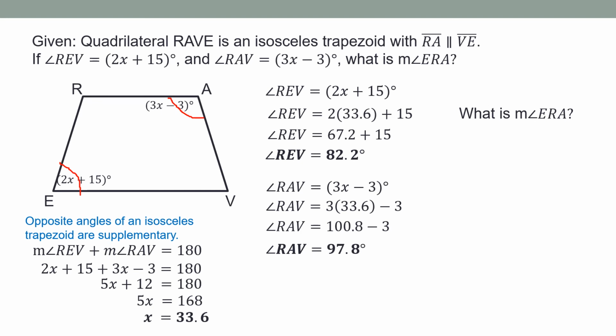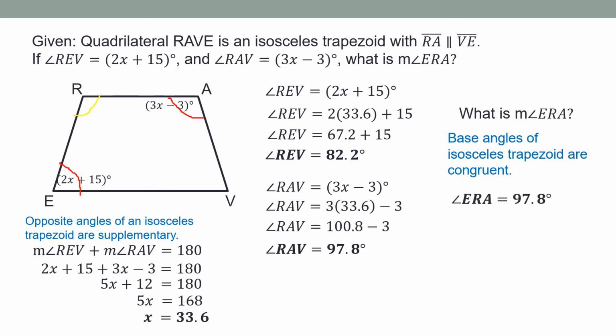What is the measure of angle ERA? Angle ERA is in this location. As you observe, base angles of an isosceles trapezoid are congruent. So if the measure of angle RAB is 97.8 degrees, angle ERA is also 97.8 degrees.